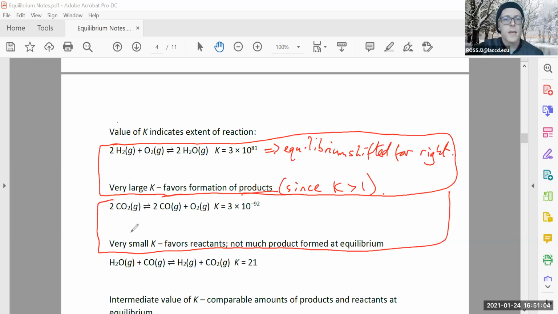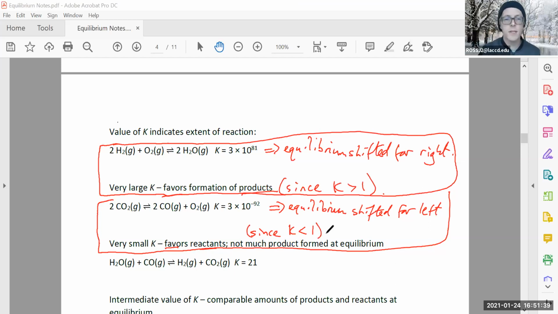Okay, so for this expression, we're told that K is a lot less than 1. So we would say that equilibrium is shifted far left. Favors reactants. And this is since K is less than 1. Okay.